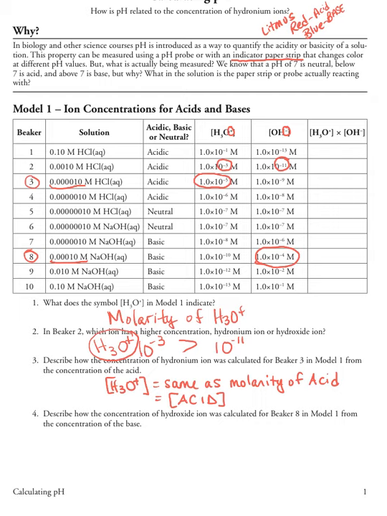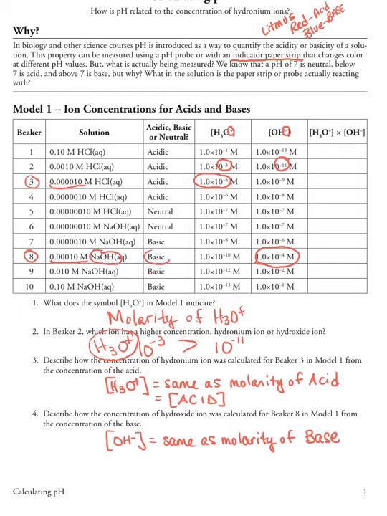And again, being smarter than the average bear, you can see that the hydroxide ion, which is OH negative 1, is the same as the molarity, or the concentration, of the base.